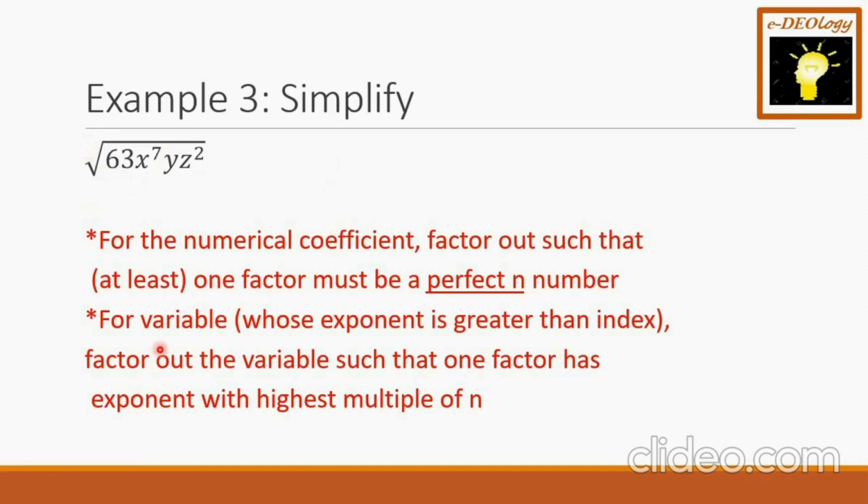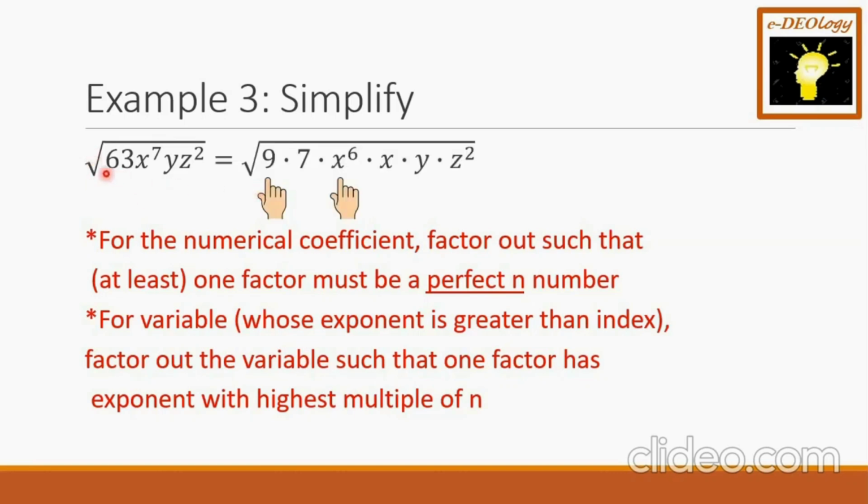And for the variables with exponent greater than the index, in here only the x has the exponent greater than the index. So we're going to factor x in such a way that one factor has an exponent that is the highest multiple of n, the highest multiple of the index, and that is 2.